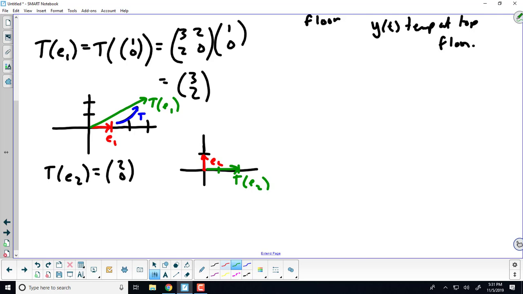All right, so just make sure you're comfortable with this. I'd like you to go ahead and draw out T of 1, 1. Mimic this picture, mimic this idea. So do T of 1, 1.